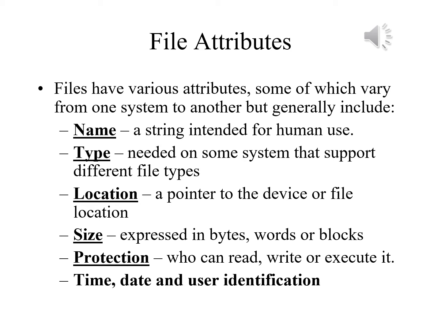Most files have names because people want to have a means of identification for the file that they can relate to easily. These are usually character strings and are used in searching for the file. However, once the file is opened, the system itself will not use the name.